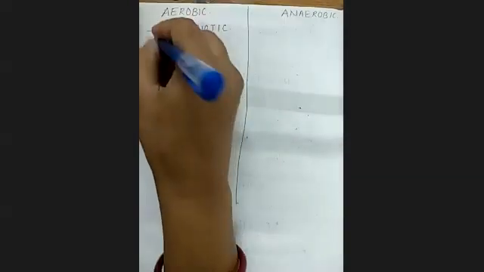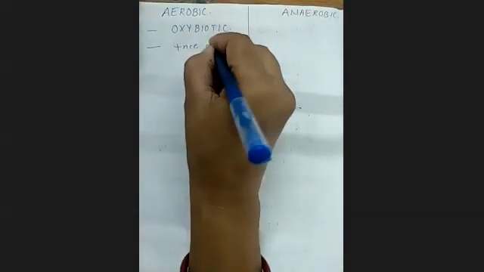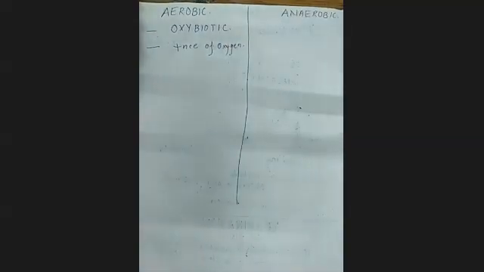So that means the presence of oxygen is compulsory. Then only it can be termed as aerobic respiration or oxybiotic respiration. Is it clear to you? Presence of oxygen is a must.